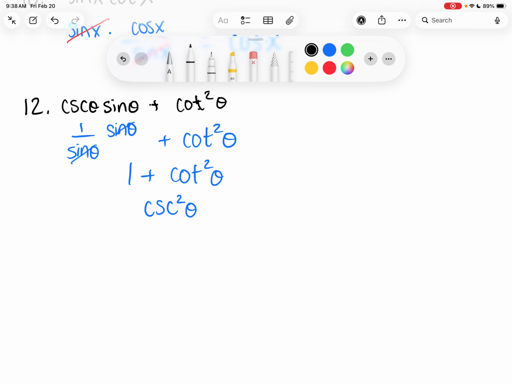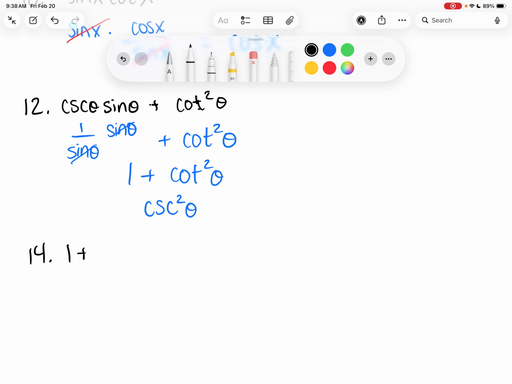I worked one the other day in pre-cal, and I didn't like it, so I had to erase it and start over. That's going to happen sometimes because there are different ways we can rewrite things in different situations, and it can be frustrating. That's why I said the more you do, the easier it gets, because you get used to how to use your identities.